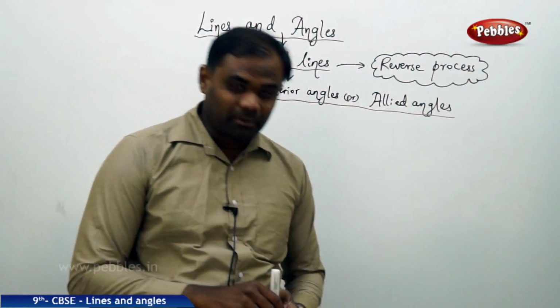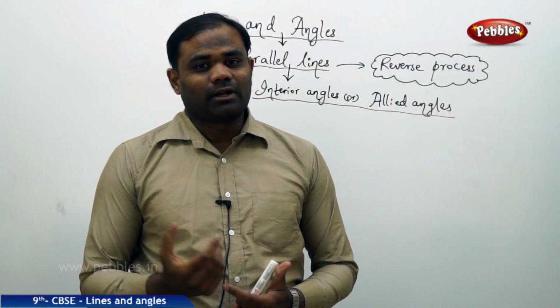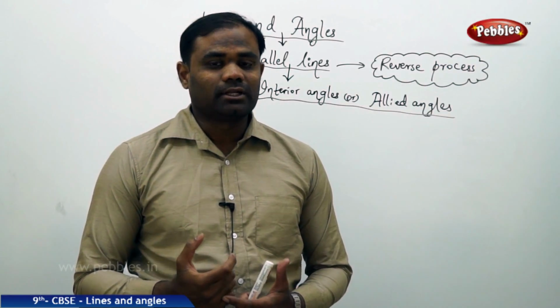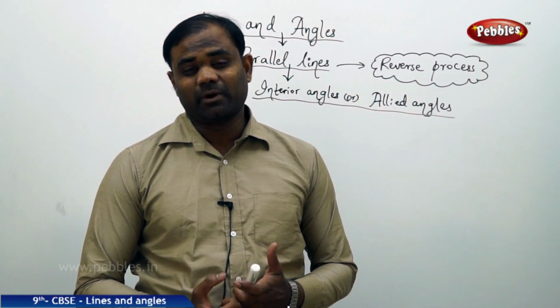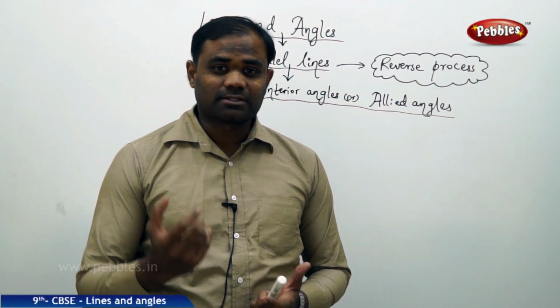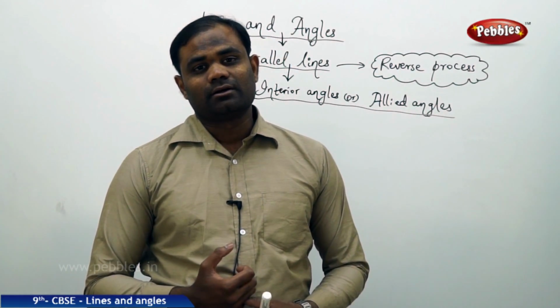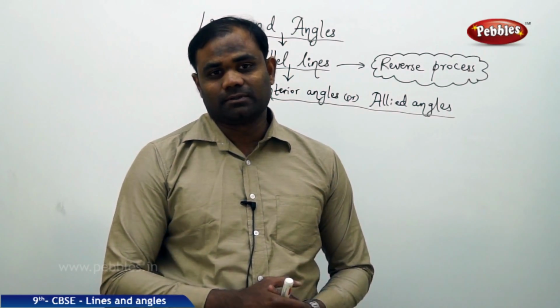As we have seen in the previous properties, if x and y are allied angles in the parallel lines L1 and L2, then x and y are supplementary angles. That is, x plus y must be 180 if x and y are allied angles, because they are interior angles on the same side of transversal.